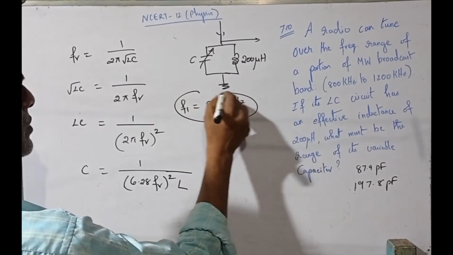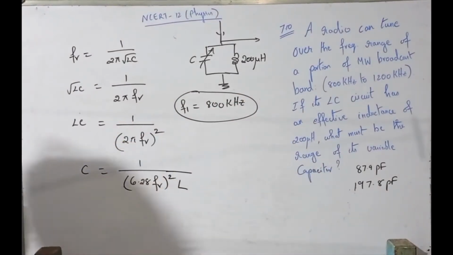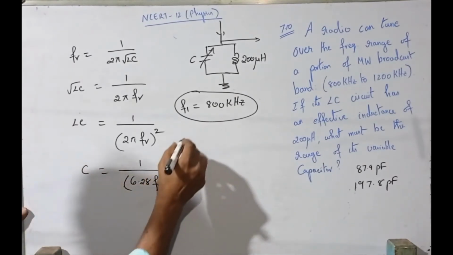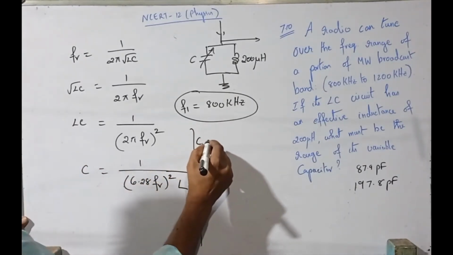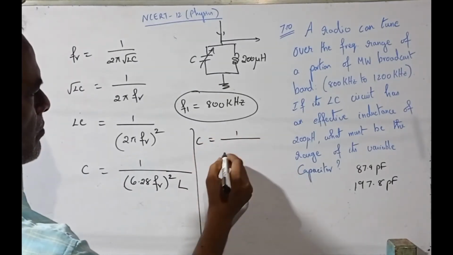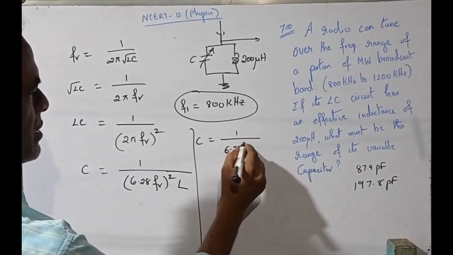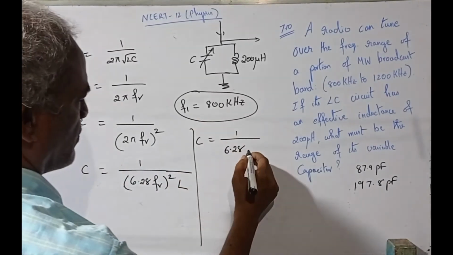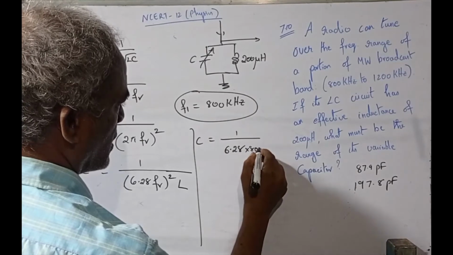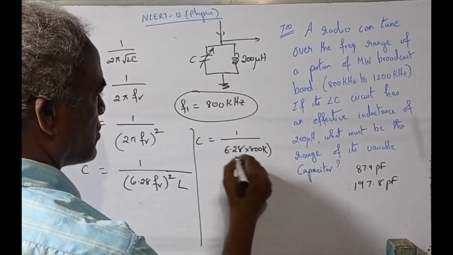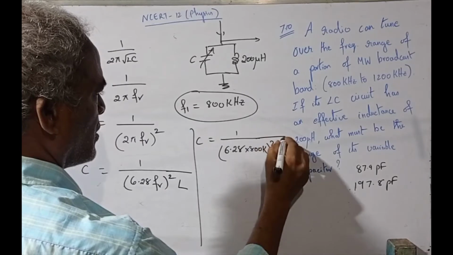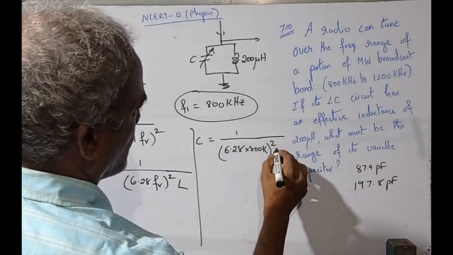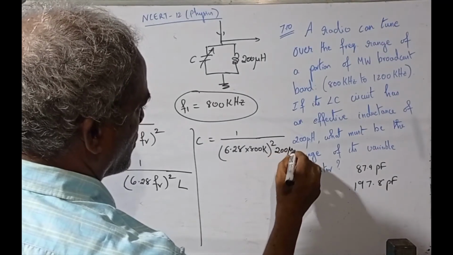So to receive 800 kilohertz, we know the frequency, so you substitute the value and then we can find the value of C. So C is equal to 1 divided by (6.28 times the resonant frequency FR) the whole square, FR is 800k, into L. The L value is given already, L is 200 microhenry.